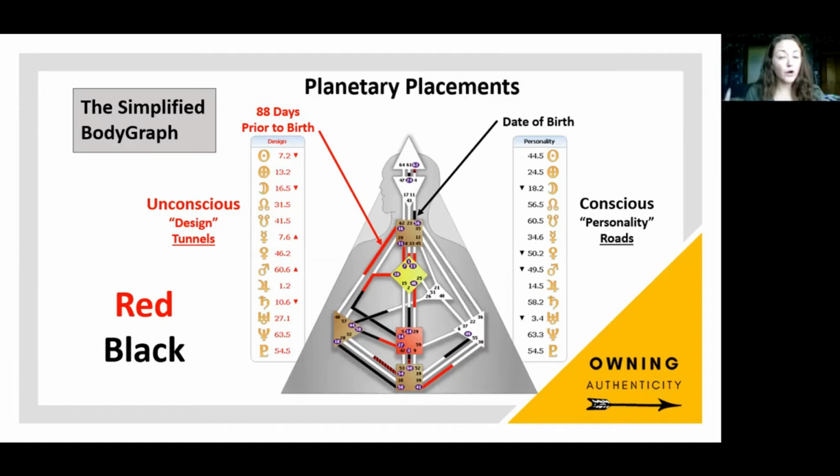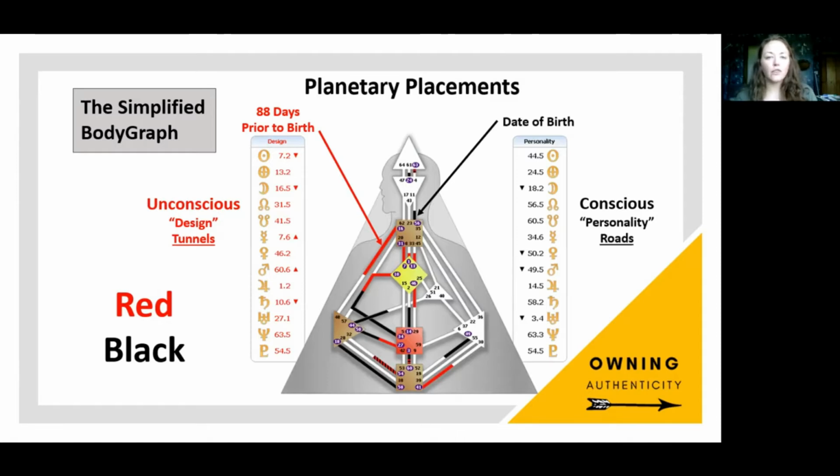You're aware of it. You know yourself to be that way. And on the other side, the red side, that is our unconscious or subconscious self. Those are more like tunnels that exist under the ground, and we use them to flow energy, albeit somewhat unknowingly to ourselves. So that's something to be aware of.